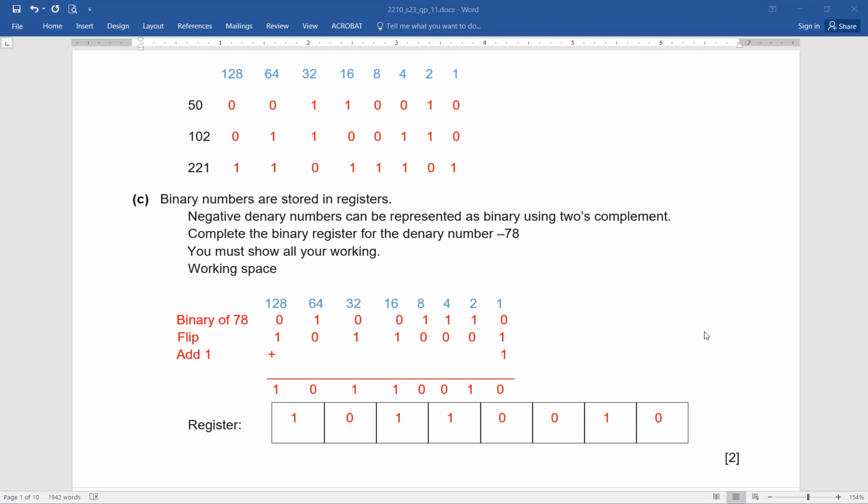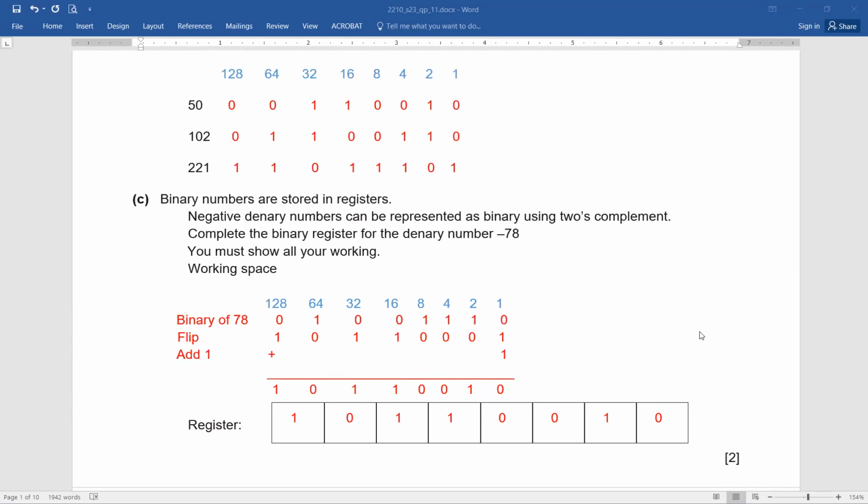So just recall what we have learned: in order to find the binary value for a negative integer, we simply ignore the sign completely and find the binary of the number itself.